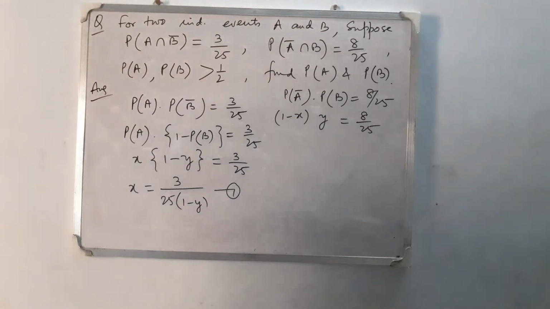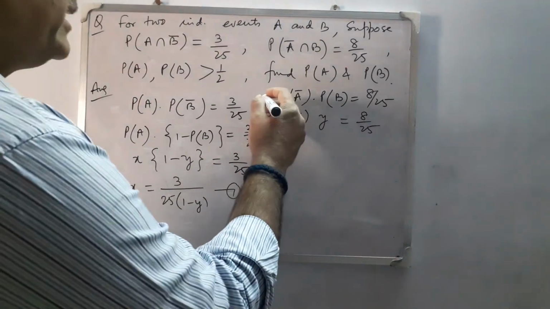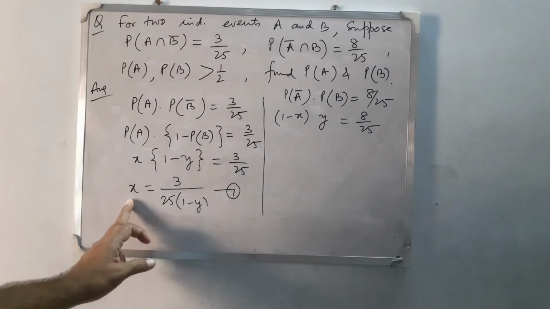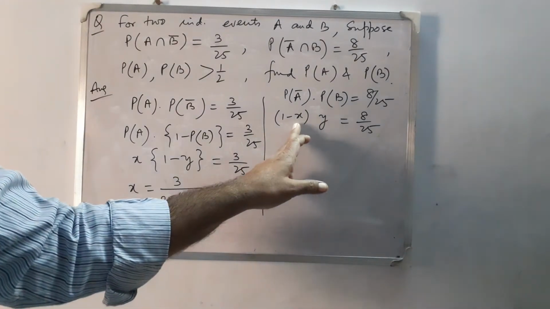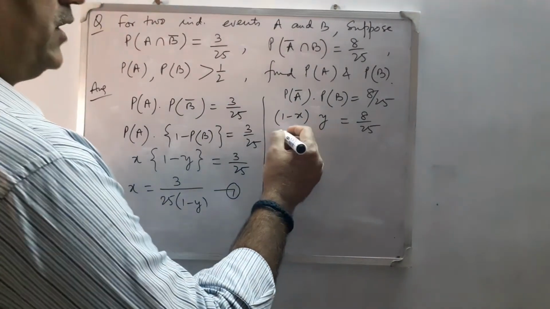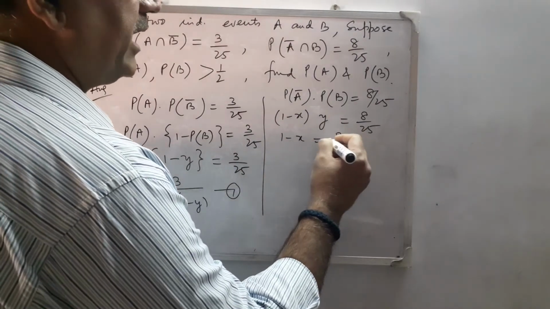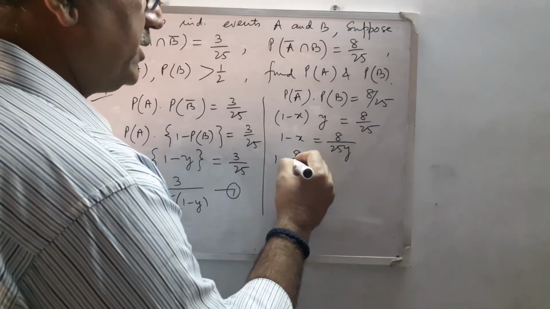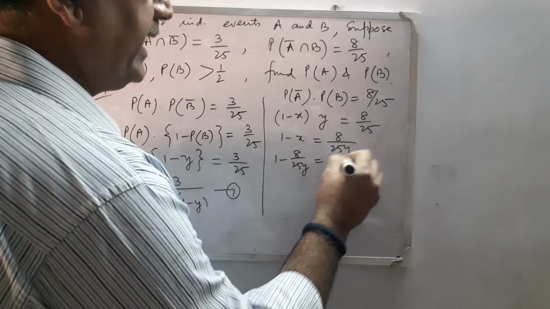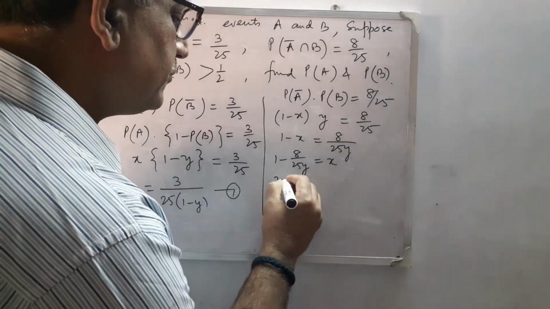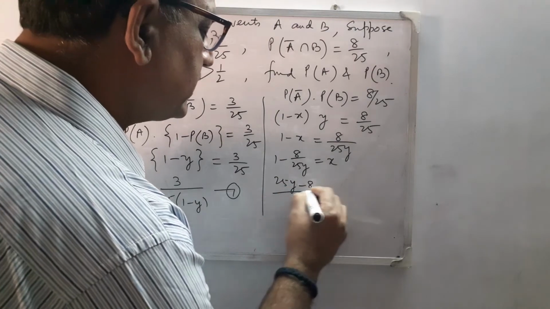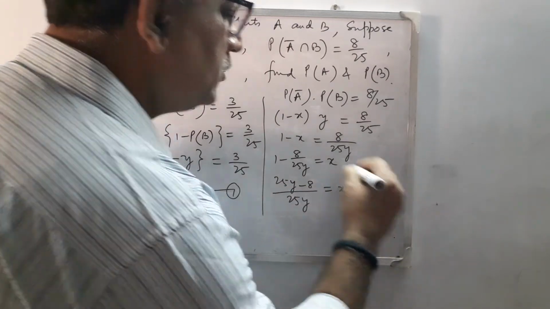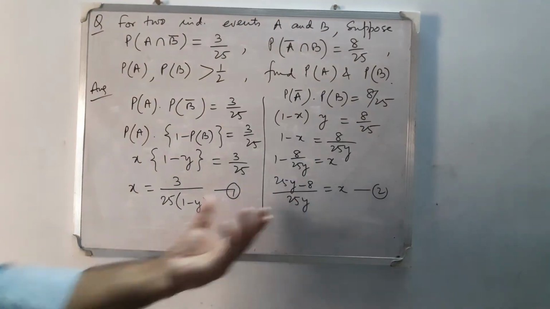We will try to take the help of the comparison method to solve for the values of X and Y. Here we have taken the value of X, and here also we will try to find the value of X. So 1 − X = 8/25Y, so 1 − 8/25Y = X. Taking the LCM, (25Y − 8)/25Y = X. This is number 2. Now we will equate the two values of X.